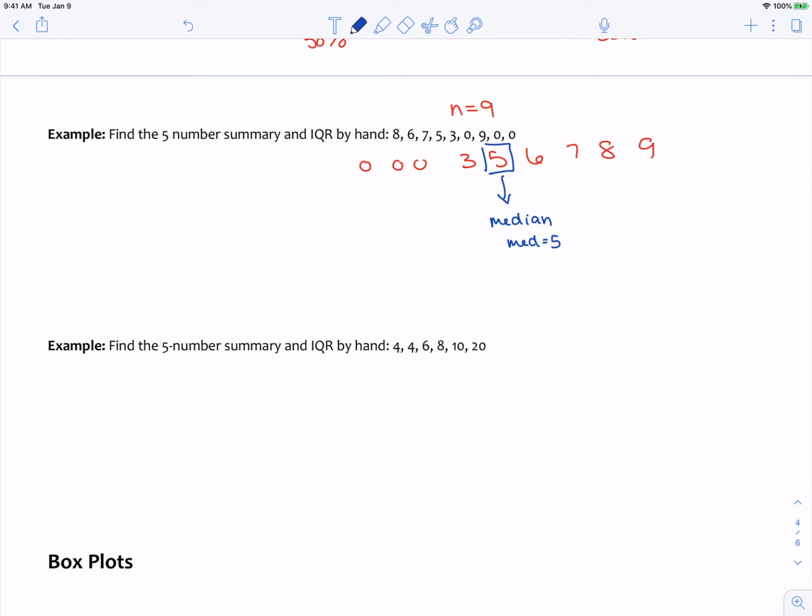Then we're going to try and identify the lower and upper halves of the data. There are a number of different ways you could do this. Some texts and technology will repeat that middle value and place it into both the lower and upper halves. Other technology and methods include just ignoring that middle value and only looking at the numbers on either side of it. That's the method we're going to use, and that'll stay consistent with the technology we're using, GeoGebra.